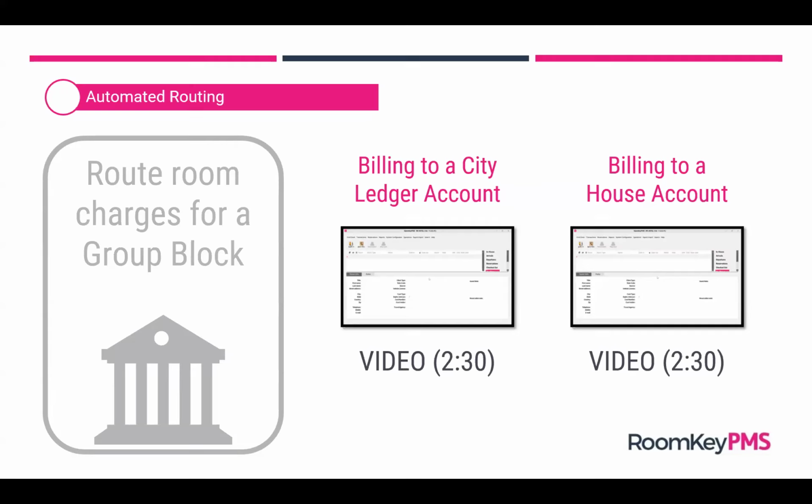In the event of a corporate and wholesaler, it just transfers the charges per guest. Each guest gets their own invoice. But when it's part of a group block, all of the guests within that group are on one single invoice in the city ledger.